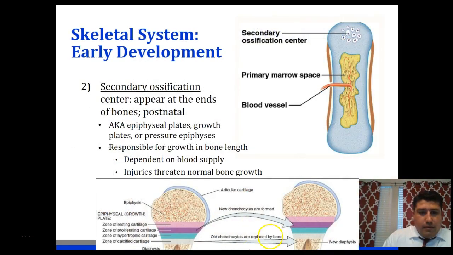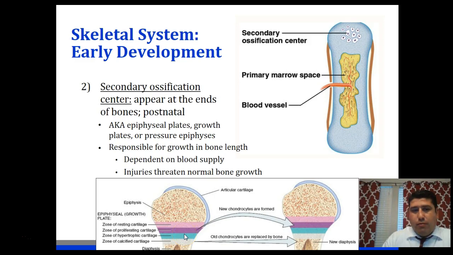Okay, so this line here, now there's a lot going on. I don't want to get into this because, like I said, it's been a while since I've seen it. But the bottom line is that every bone, at the end of the bone, you can see, if you look at your bone models from A&P, or even if you pick up a chicken bone after you eat chicken, a line at the end of the bone.